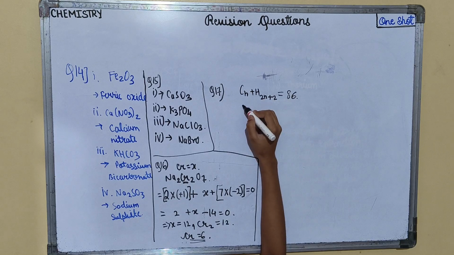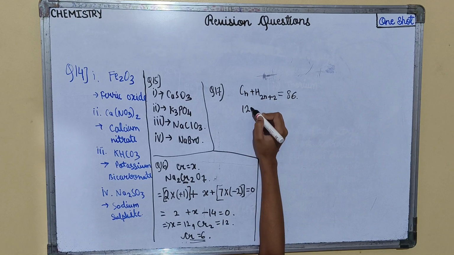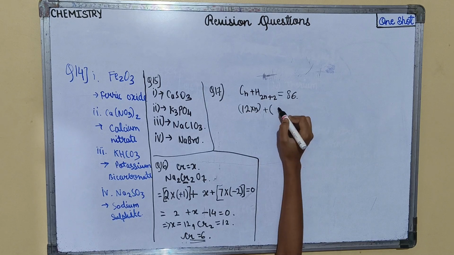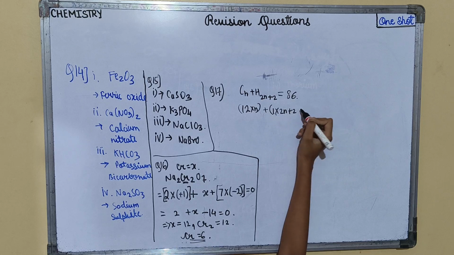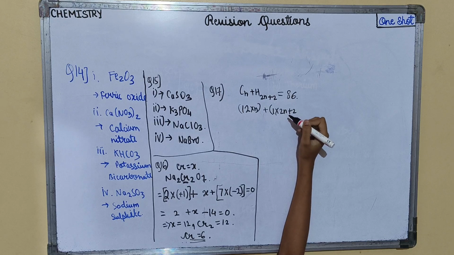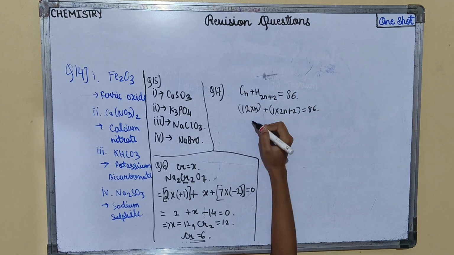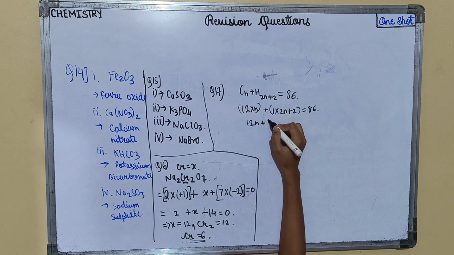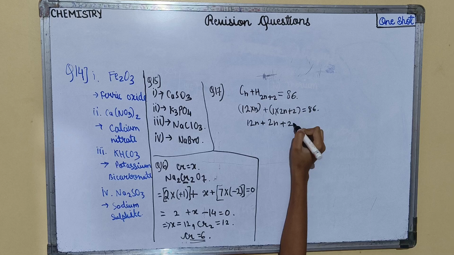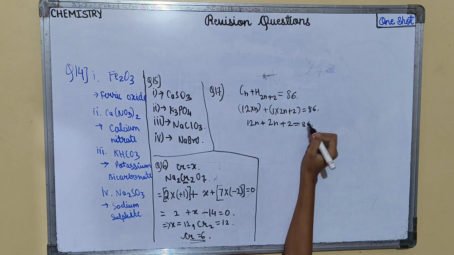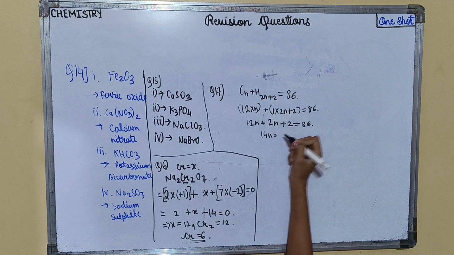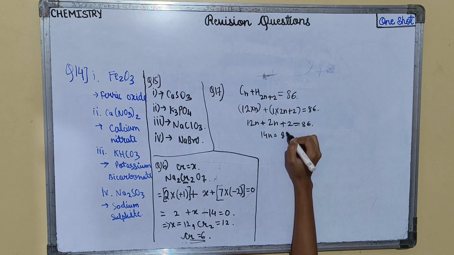Molecular formula means we will have 12 into n plus 1 into 2n plus 2 equal to 86. 12n plus 2n plus 2 is equal to 86. 14n is equal to 84.